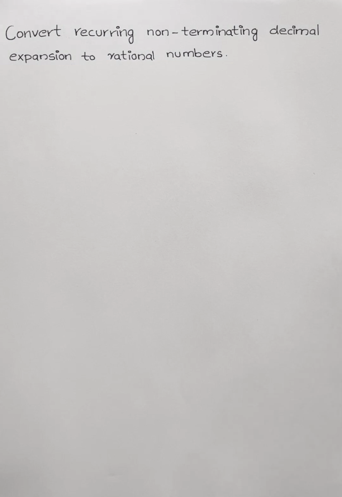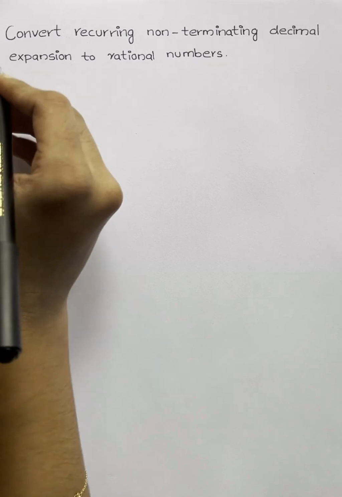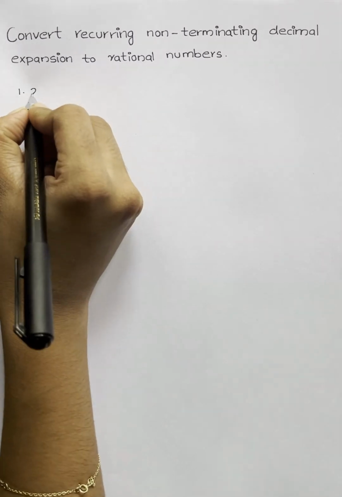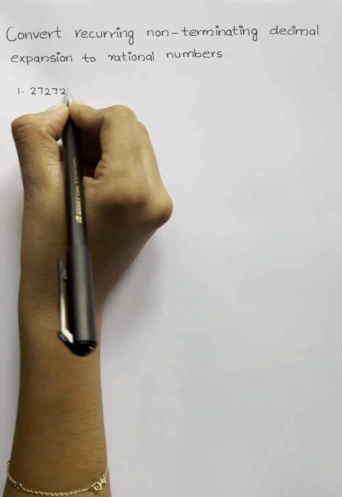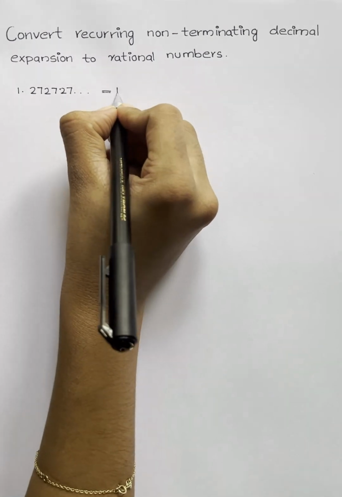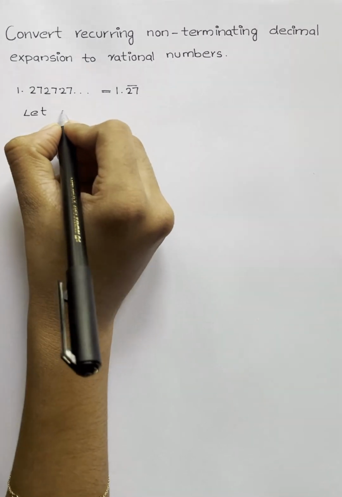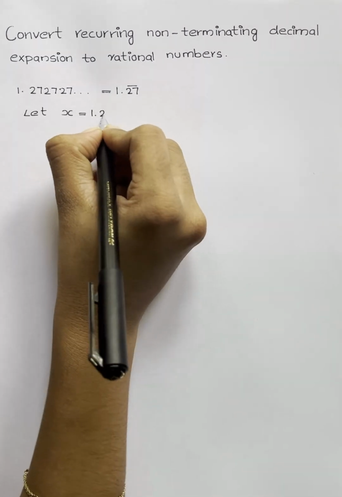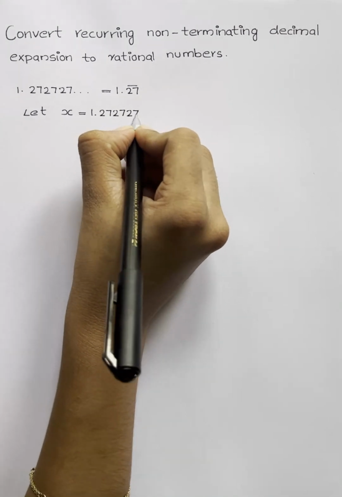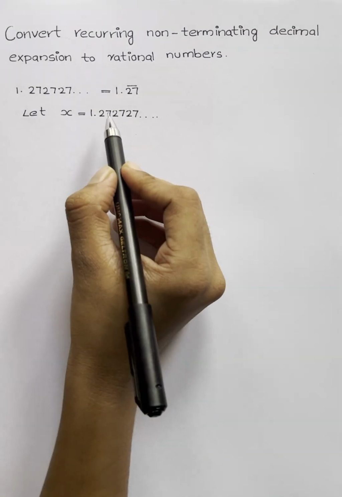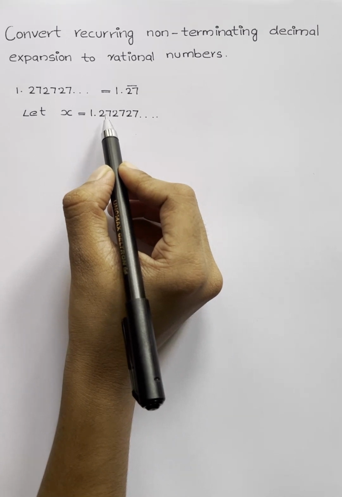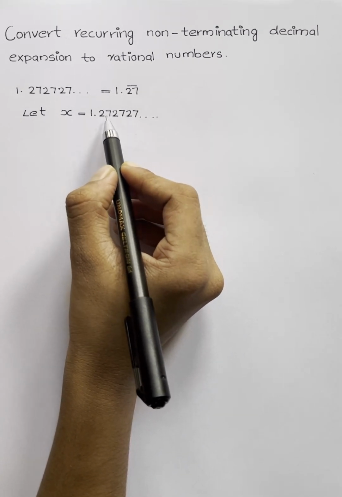Now we have to convert recurring non-terminating decimal expansion to rational numbers. Example 1, 1.272727, etc. It is written as 1.27 bar. Here 2 digits are repeating. Let x equal 1.272727, etc. Here there are 2 digits repeating, that is 2 and 7.